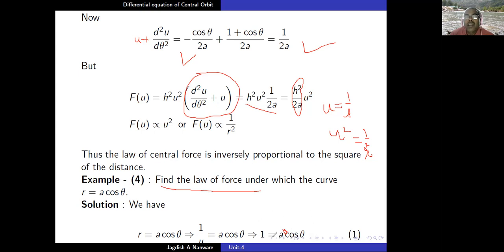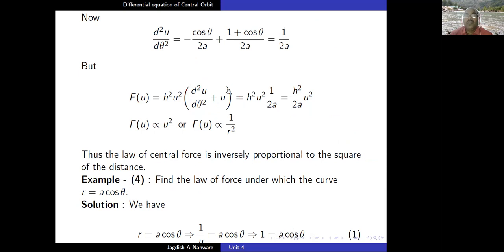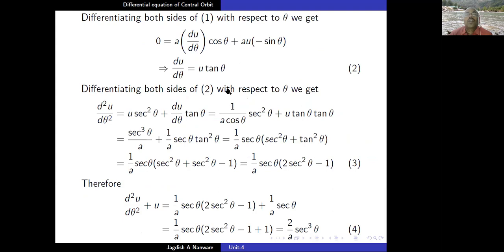And now take the derivative. u is a function of theta and cos theta is again a function of theta. So to find the derivative of this equation 1, we make use of the product rule and get the first derivative. You will get a as it is, derivative of first function, second function as it is, plus a as it is, first function into derivative of second function, and simplify further.